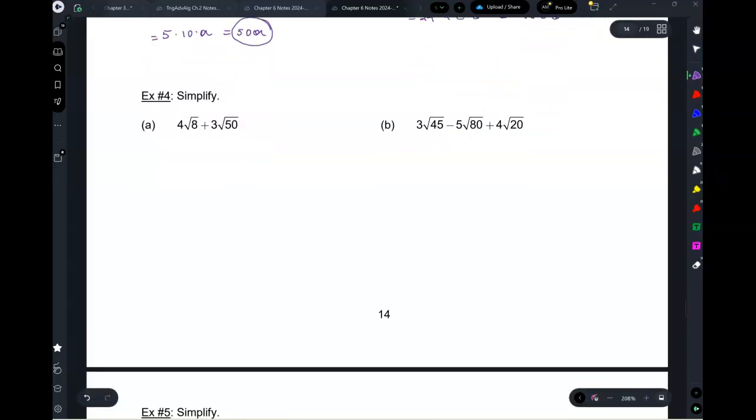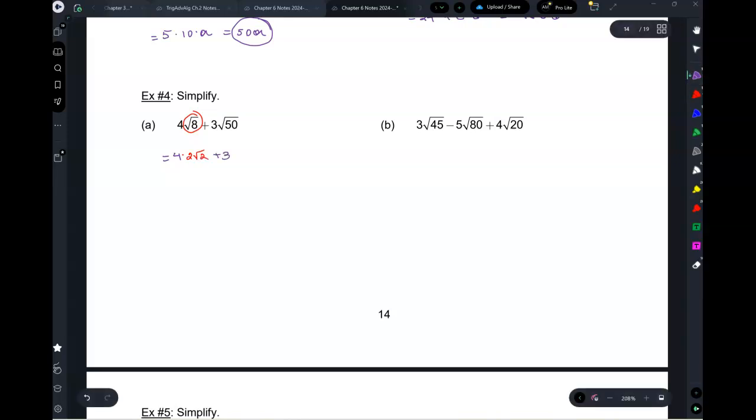Okay, so this one, we're adding and subtracting. To do that, we need like terms. That means the roots have to be identical, like root 2 and root 2. So if I have a root 8, I need to have another root 8. That means I need to simplify both of these. So this is 4 times root 8. How does the root 8 simplify? 2 root 2.